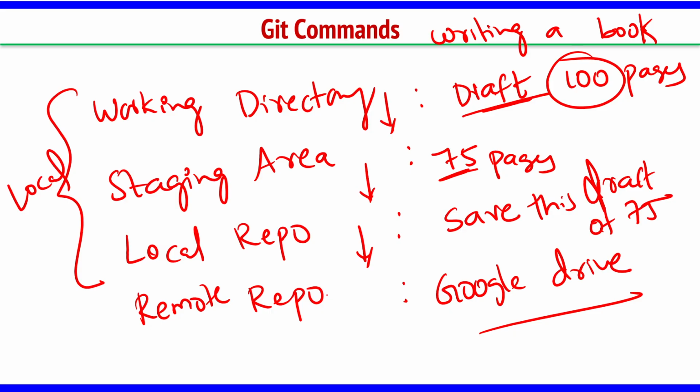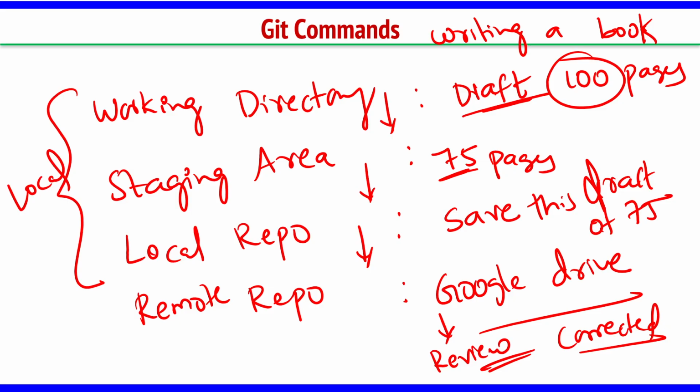Let's say you gave it to me for review. You shared the Google Drive link and said please review those 75 pages, you be the reviewer of the textbook. While reviewing, I found some mistakes and corrected them in the Google Drive. I can do that in a Google document because you gave me edit permission.